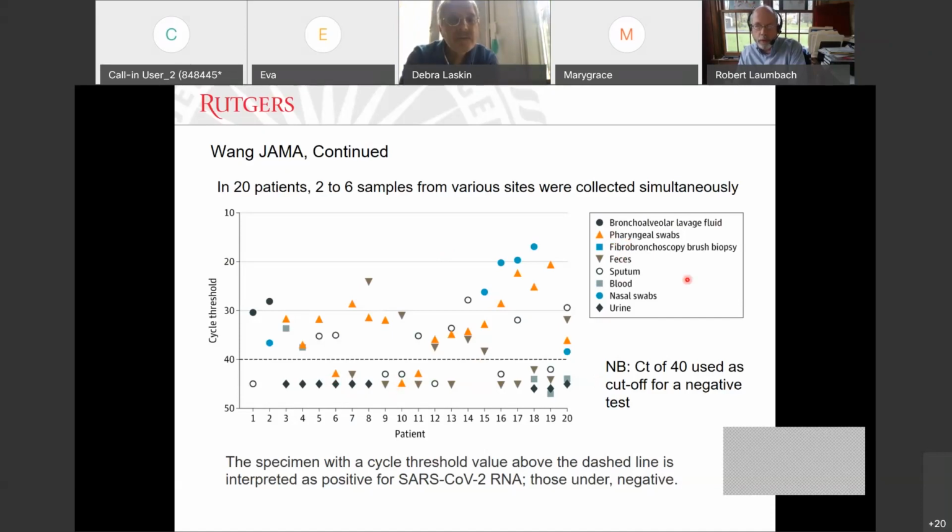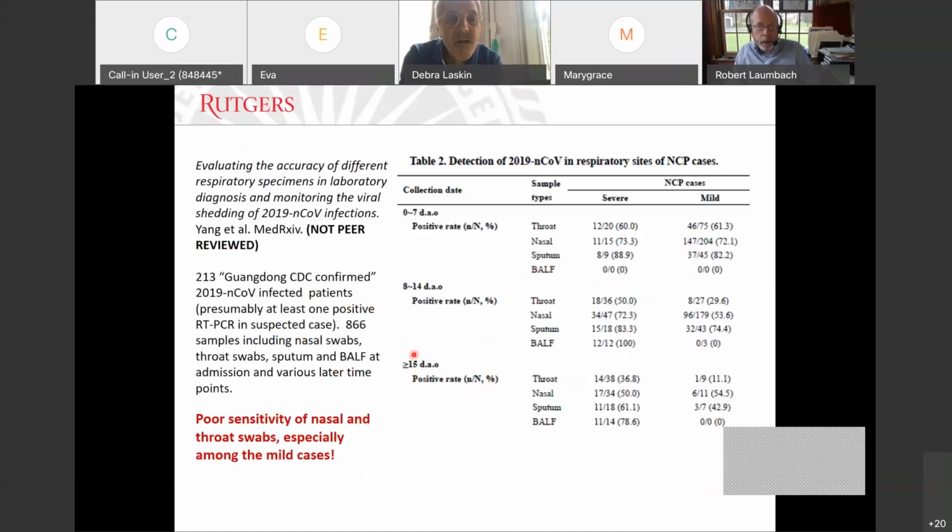They do a lot of other samples, feces and blood and so forth, which are not the usual. But anyway, pretty clearly there are false negatives here, and a concern then about sensitivity.